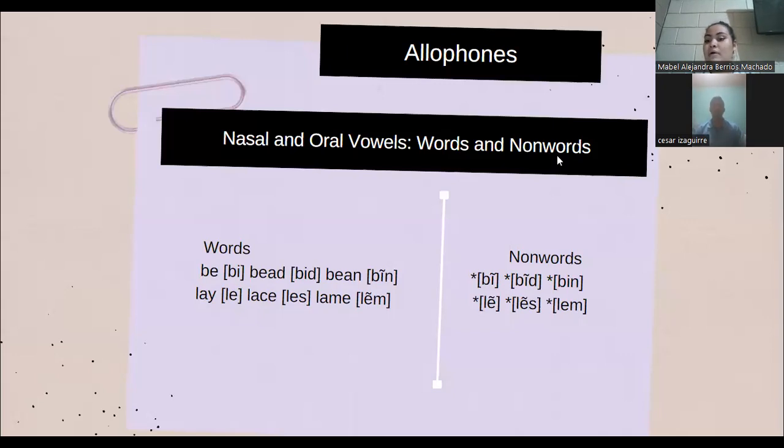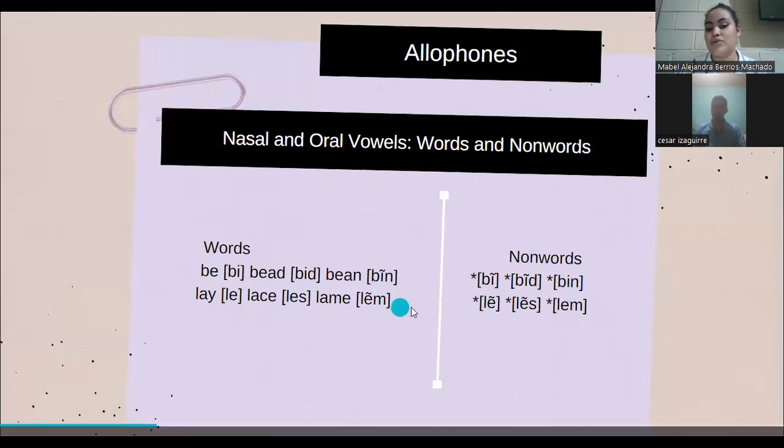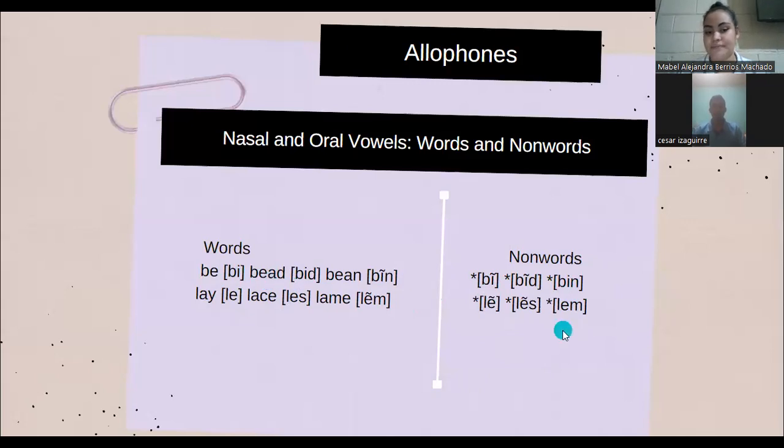And how do we need to pronounce these words? For the non-words, like be, as you can see, we see the sound of how we need to pronounce these words. This is an example.